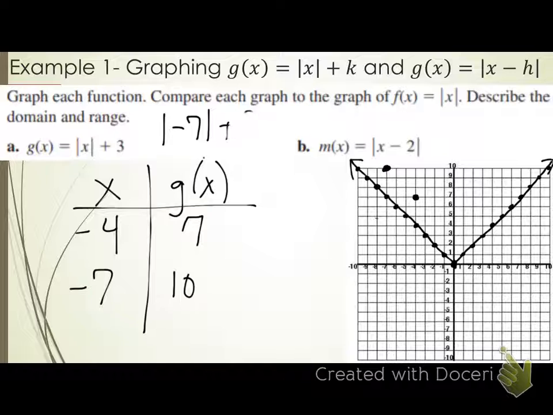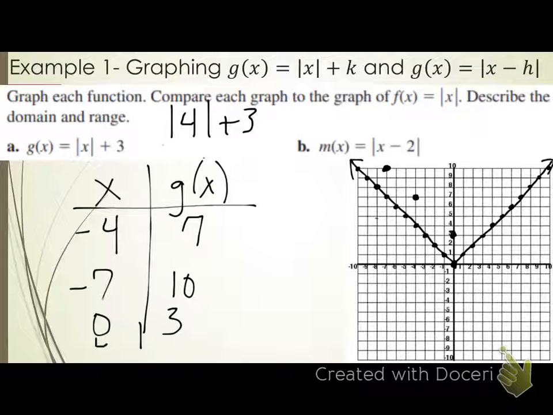And then my 0. What's the absolute value of 0? 0. What's 0 plus 3? 3. So I can go 0, 3. It's another value I can plug in. On the positive side now, 4. What's the absolute value of 4? 4.